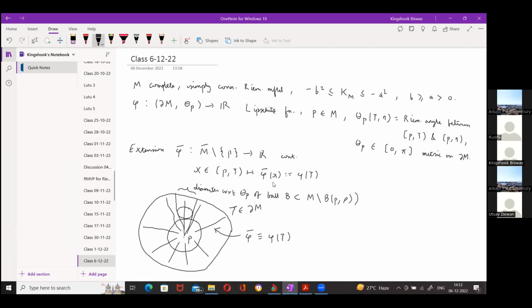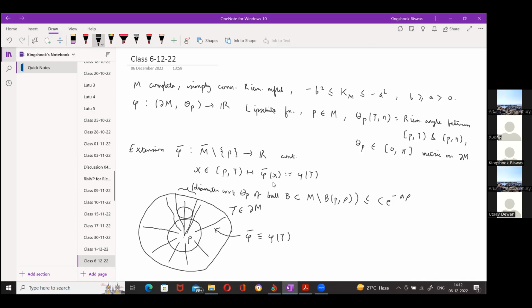This diameter, one can show, is less than a constant times e to the minus a rho.